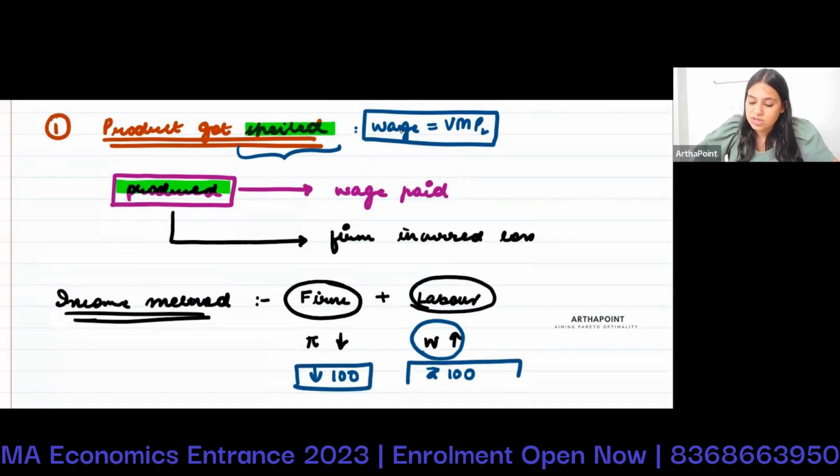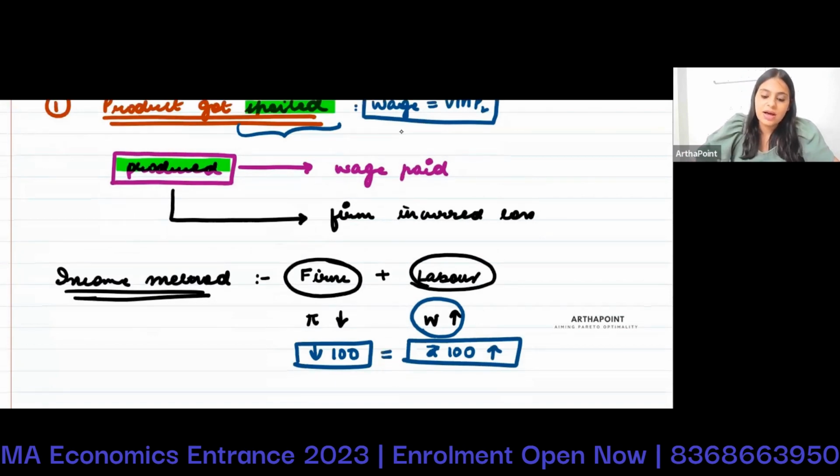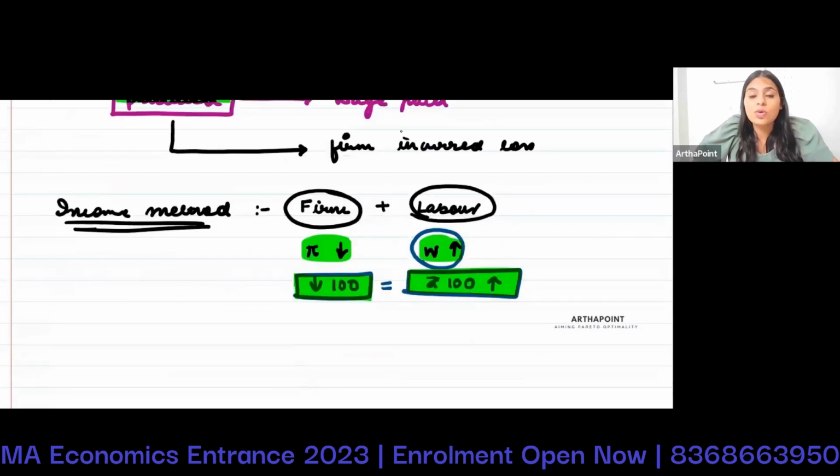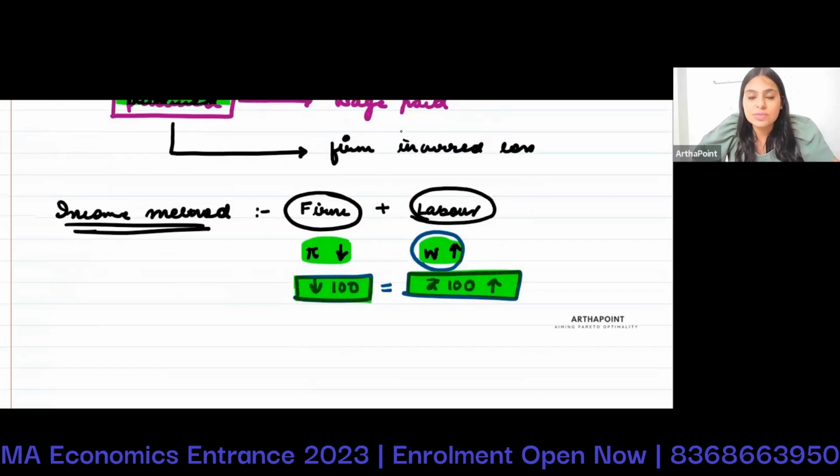So do you notice that in one way I have an increase in money, and in the other way, I have a decrease in the money. And since they are equal to each other, therefore, there should be no change in the GDP of the economy.